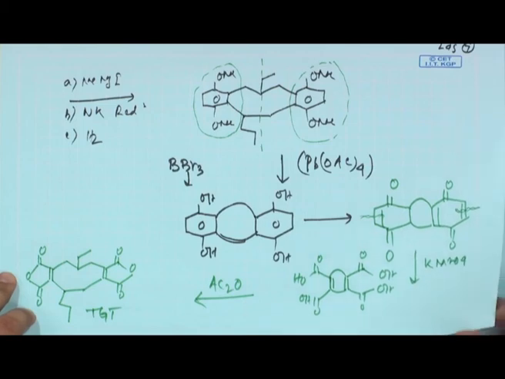Now, probably we will stop here, and in the next lecture we will continue on a similar topic, and see how we can use the concept of local symmetry and pseudo symmetry to disconnect some of the target molecules, and how we can follow the guidelines you have earlier seen in a sequential manner. So, okay, have a good time, goodbye.